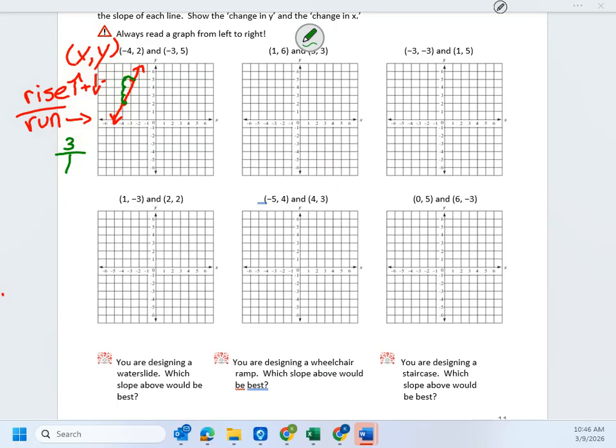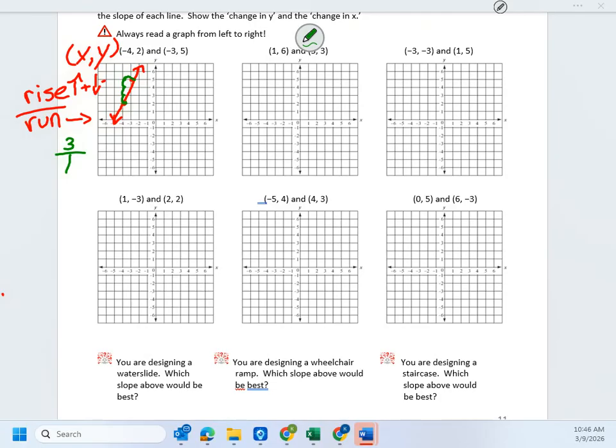Is this going to be a positive slope or a negative slope? Joe? Positive. How do you know? So if we look at our arrow, if we're going up, it's a positive. We went from our first point up to our next point.